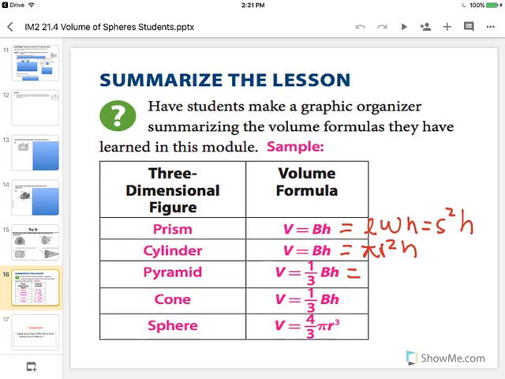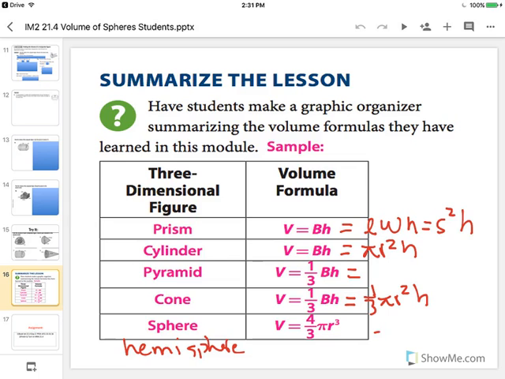The cone is the same thing, but since the base of the cone will always be a circle, it is 1/3 pi r squared times the height. And for a sphere, it is 4/3 pi times the radius to the third power. Okay, so let me add one more thing for a hemisphere.